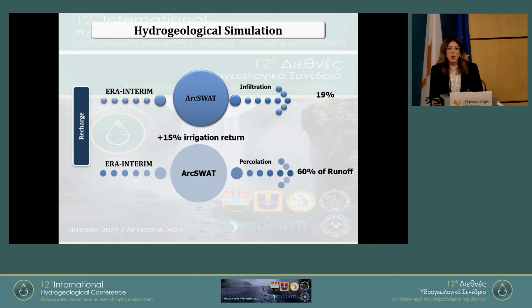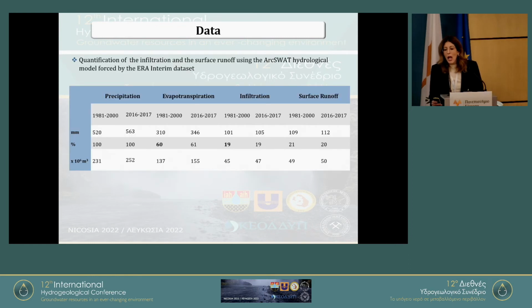The ArcSWAT model was initially driven by the ERA-Interim data for both the reference period and the period from 2016 to 2017. Based on the ArcSWAT results, 19% of the mean annual precipitation is infiltrated into the coastal aquifer.